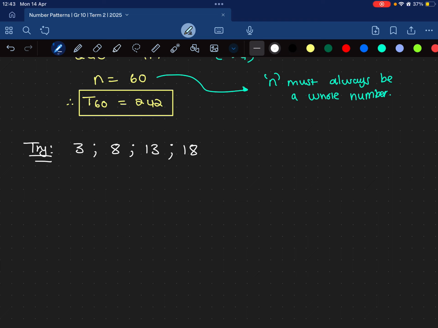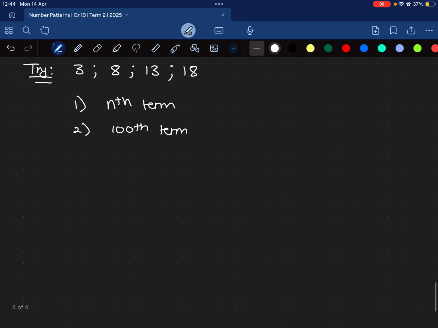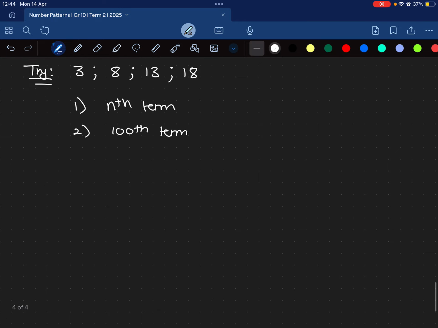So pause the video. Oh, well, let me first give you your questions and then you can pause the video. So I want two things from you. I want the nth term, and then I want to know what is the 100th term. Okay, so pause the video and then attempt both questions, and then you can unpause and I will give you the answers.